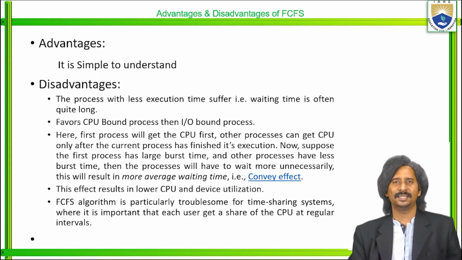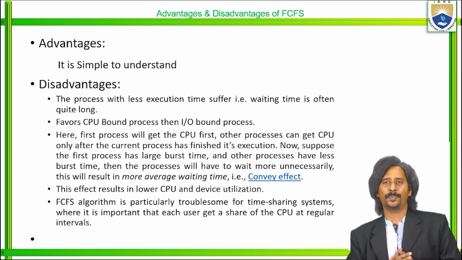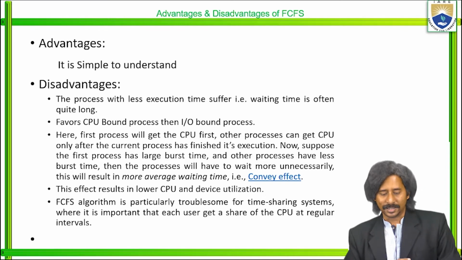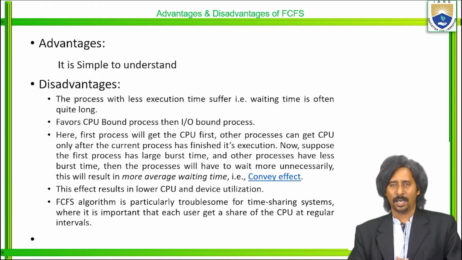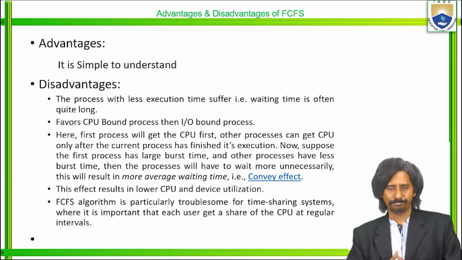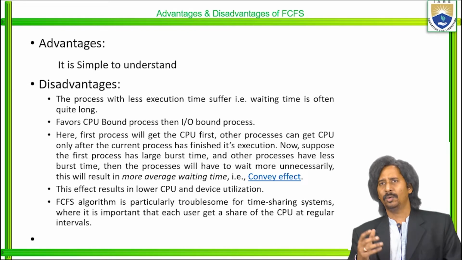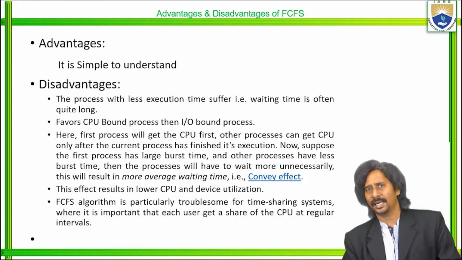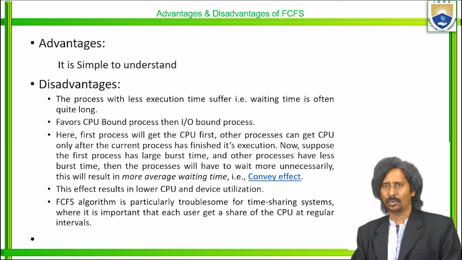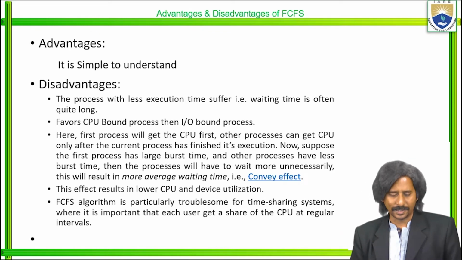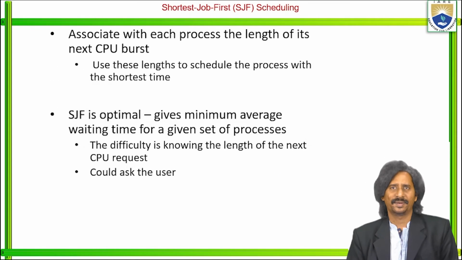Particularly, FCFS is troublesome for time sharing systems, because there we need to concentrate on how the processor, at regular intervals of time, is shared among all the processes. So that deals with the disadvantages of FCFS.